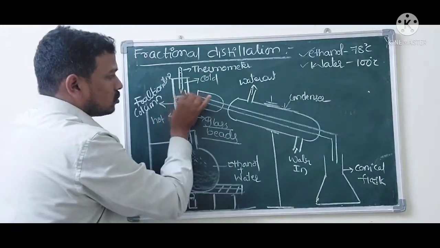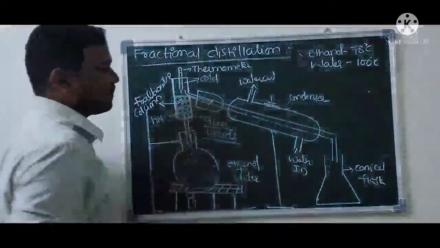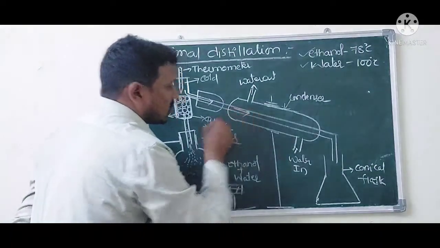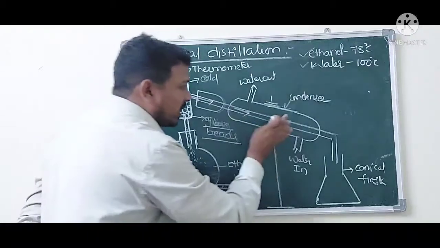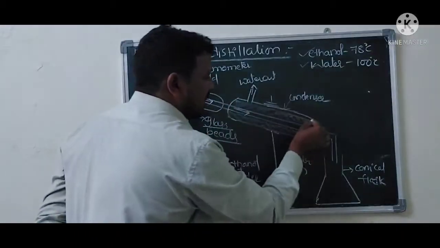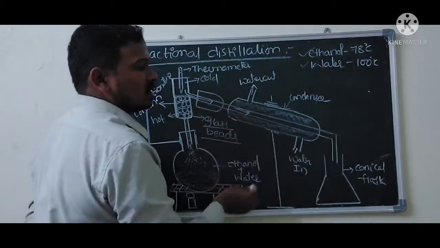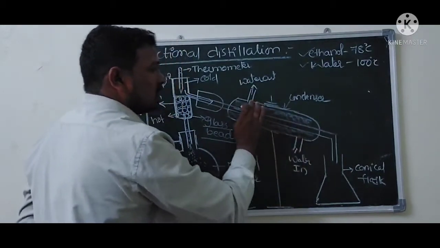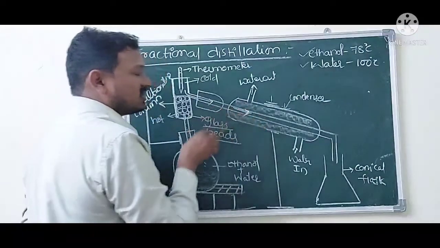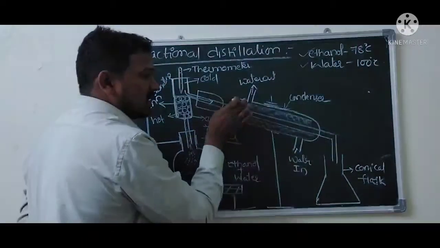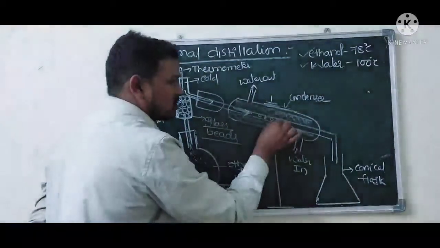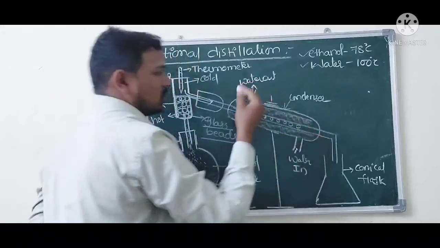They will go through this way and reach the condenser here. In the condenser, we have a water jacket which carries water in and water out, meaning we are sending cool water. By the cool water, the vapors coming inside the condenser release their heat to the cool water, become condensed here and form droplets.